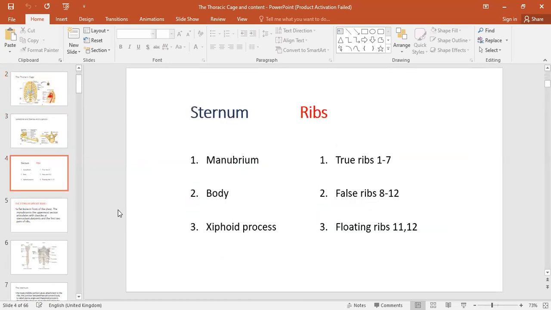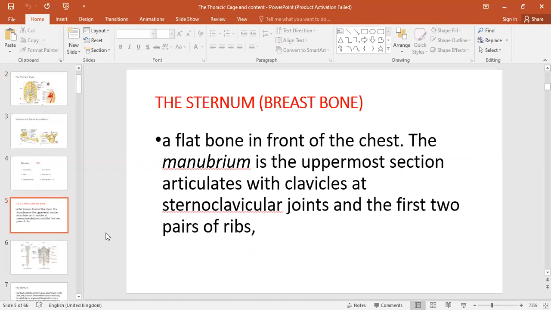So you can tell the age of an individual just by assessing skeletal features, especially in forensic anatomy. You can easily identify those and approximate the age of an individual. So that's all about the sternum.